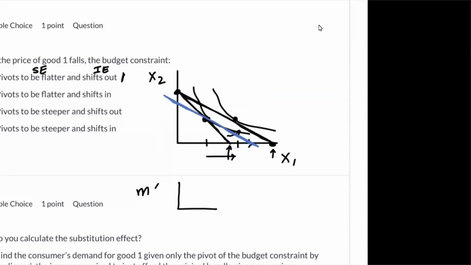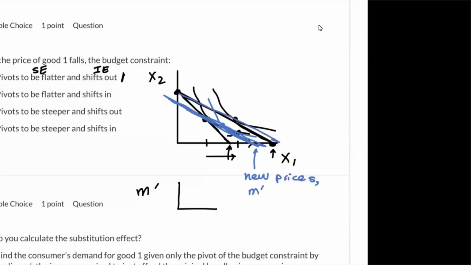So I want to know what's my choice on this blue line. Maybe it's right here. We're going to find that choice by plugging into the demand curve the new prices. We want these relative prices, not these ones, right? New prices and an income M prime. Because if we use the income M, we're right here.